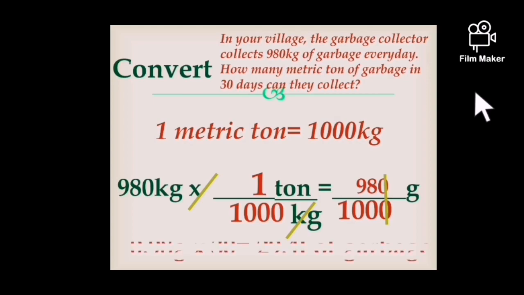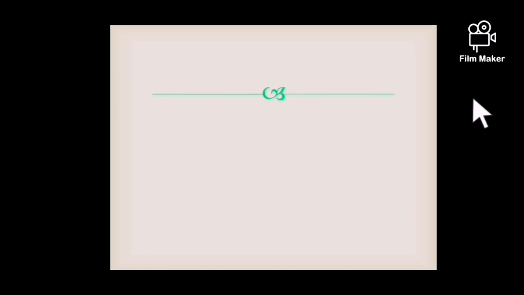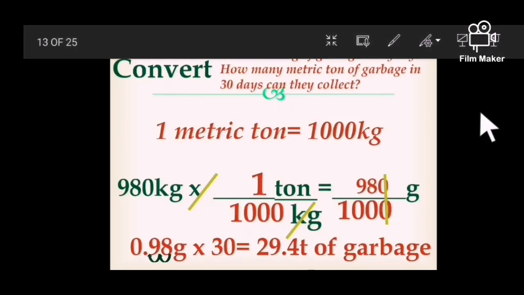I-cancel natin yung dalawang zero. And that is 98 divided by 100. Moving this decimal point to the left ng 2 times, that is 0.98 tons. Ita-times natin siya sa 30 days. So, that is 29.4 tons of garbage ang kanilang nakukolect in 30 days.